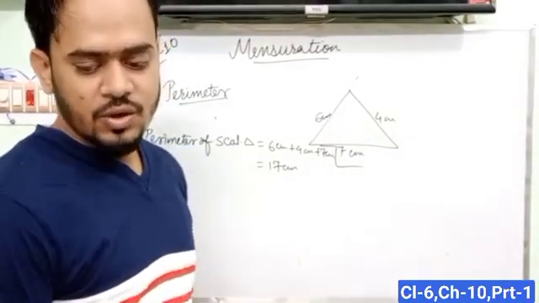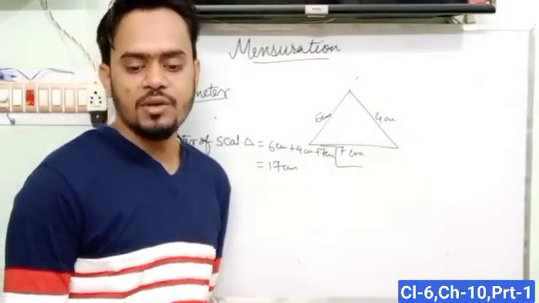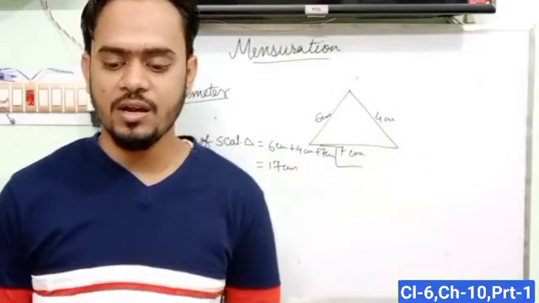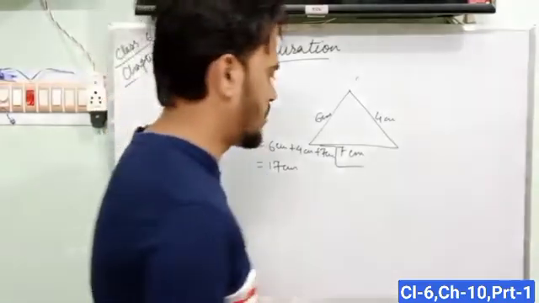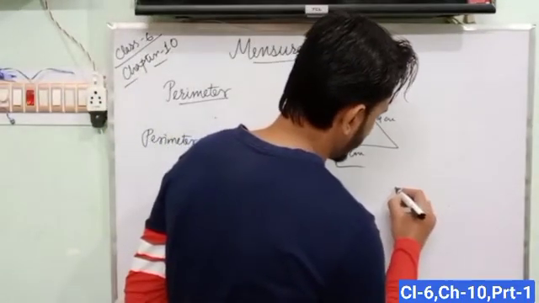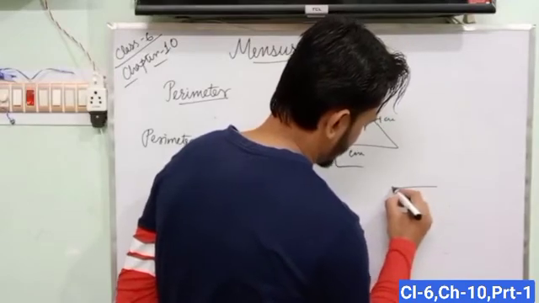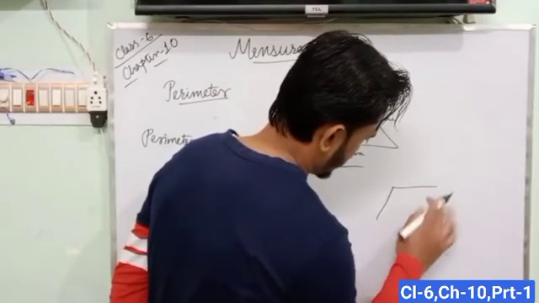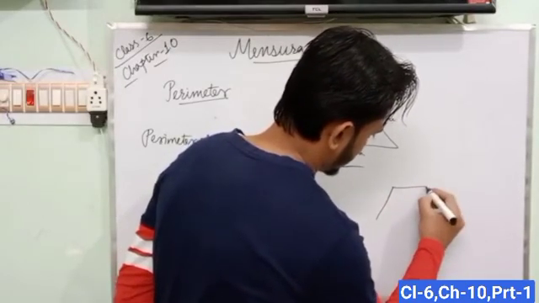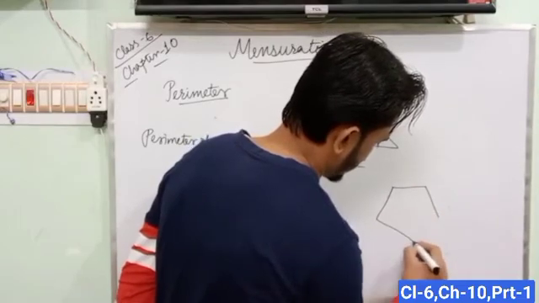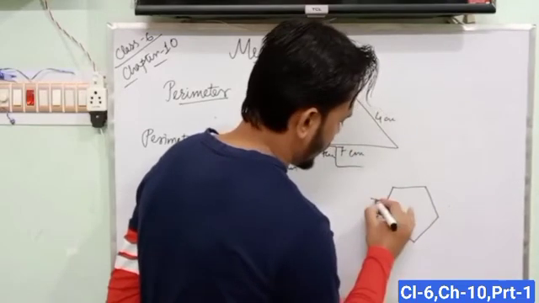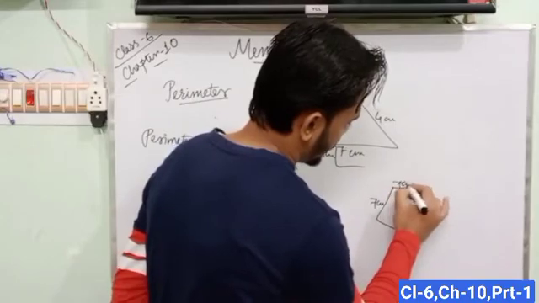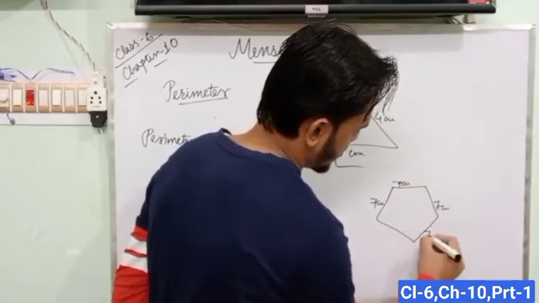And when you have a regular pentagon, find the perimeter of a regular pentagon with each side measuring 7 centimeter. You have a pentagon in which each side is 7 centimeter.